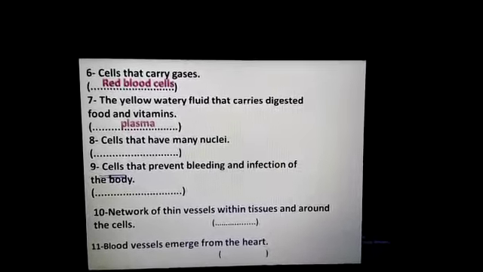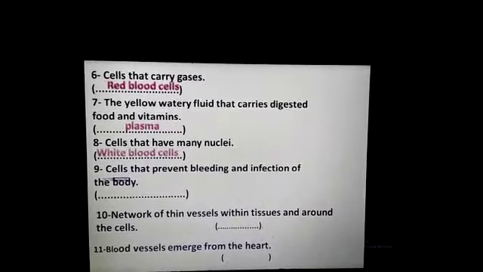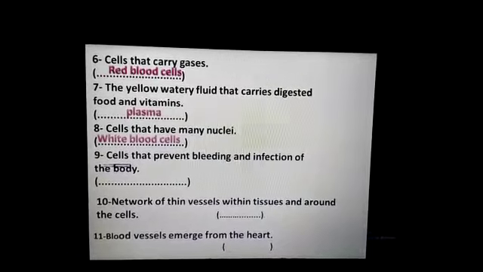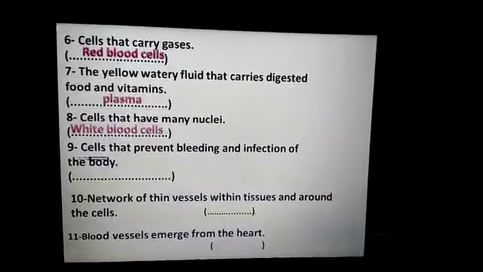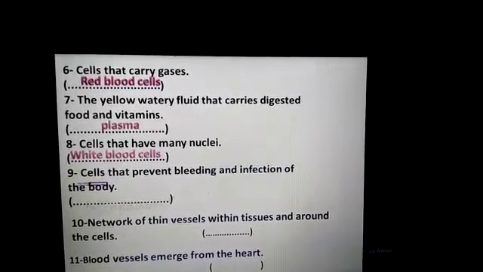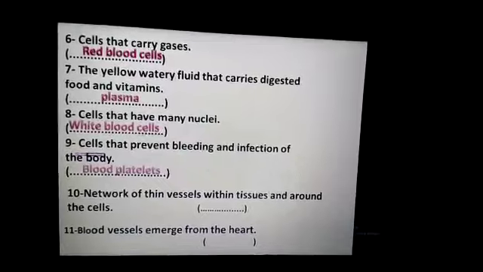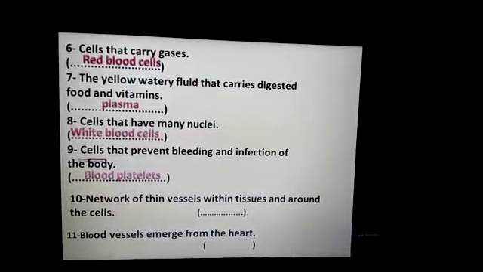Plasma. Number eight, cells that have many nuclei: white blood cells. Number nine, cells that prevent bleeding and infection of the body. Which component of the blood helps in healing wounds and prevents bleeding? It is blood platelets.